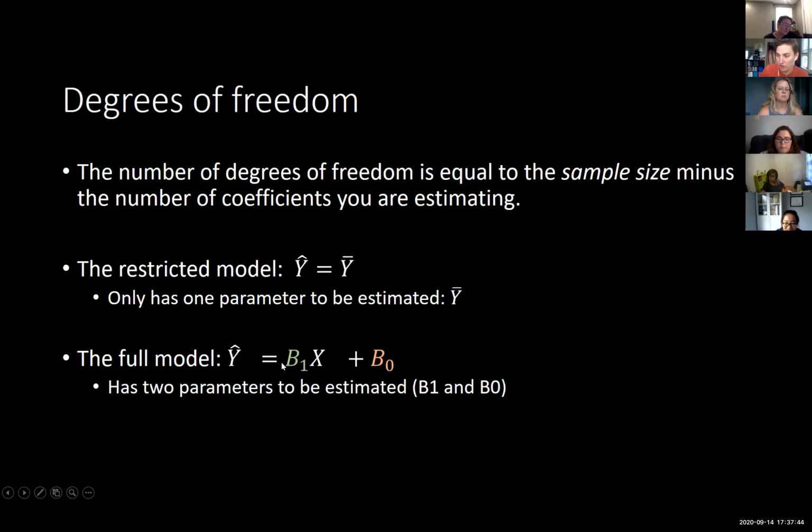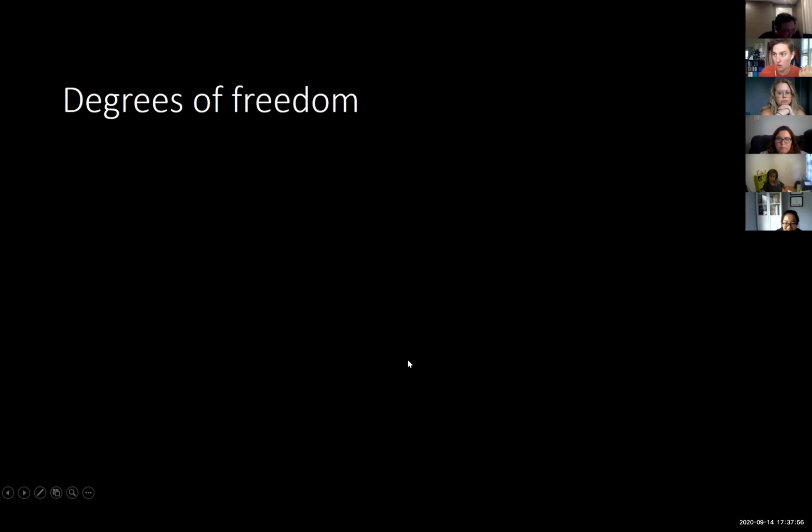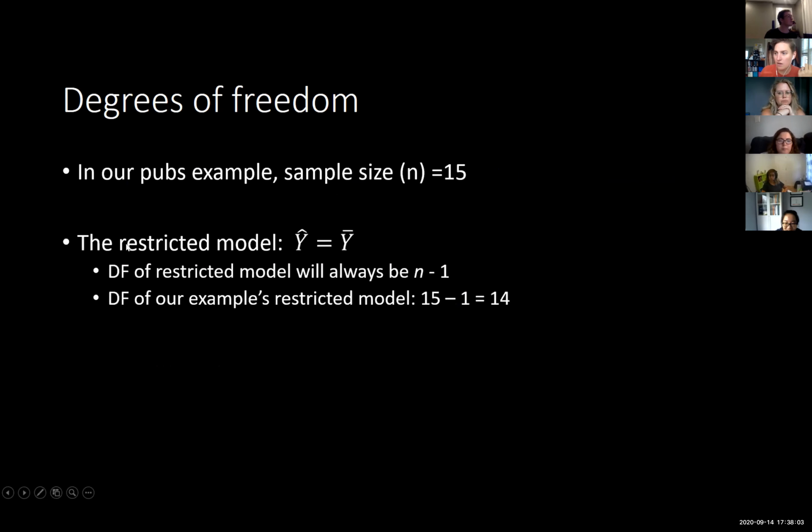Now in the full model, y hat is equal to b1 times x plus b0. So now we have two parameters we're estimating: a b1 and a b0. So for our degrees of freedom, in our publications example, our sample size is 15. The degrees of freedom for a restricted model is always n minus 1 because we are estimating one parameter.